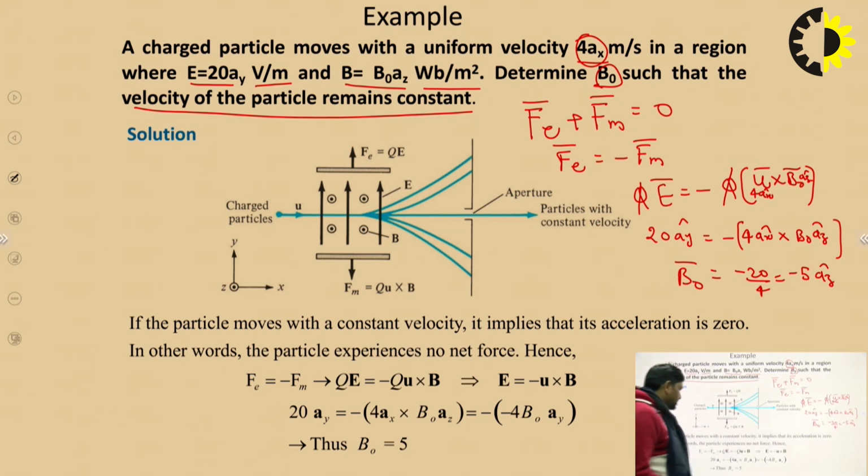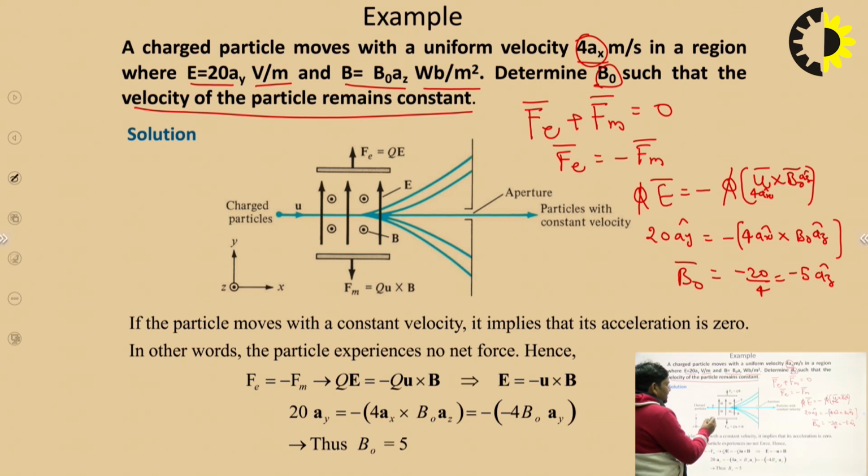So we easily calculate the magnetic flux density B naught, which is equal to minus 5 in the az direction, or we can say the magnitude is 5 in the direction of minus az. So we easily calculate this question, and this question is asked many times in university examinations.